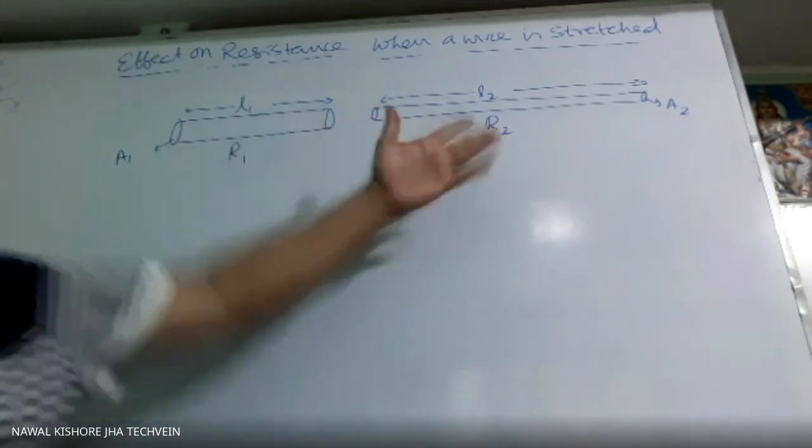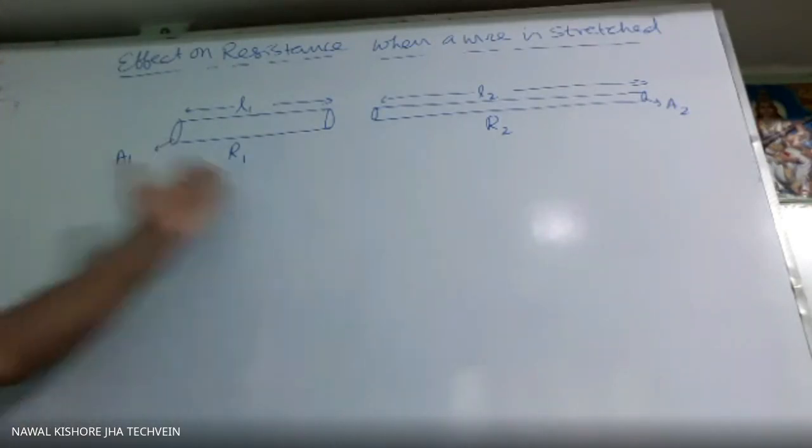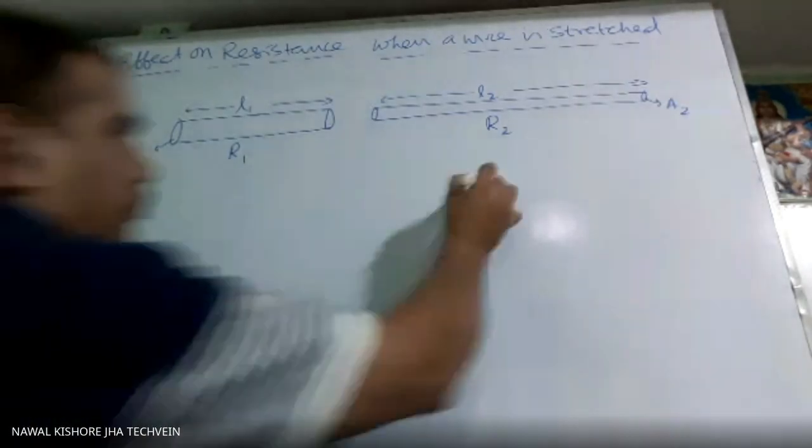If two different wires are given, then also we can compare the resistance. When wire is stretched, then also we'll compare. So in general, what is this ratio? We are saying what is the ratio R2 to R1.